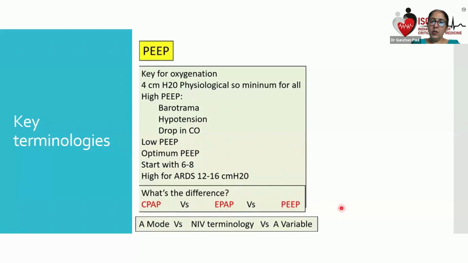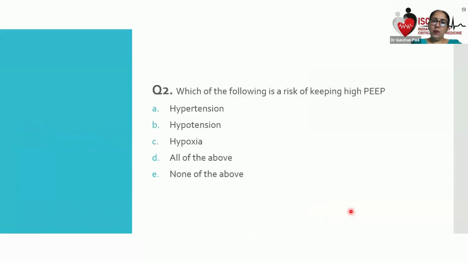So these are all terms used for positive pressure during expiration. CPAP is a mode, which we'll be talking about in our next slides. EPAP is the term used for NIV, and when we are giving it with an endotracheal tube in invasive ventilation, we call it PEEP. So another question: which of the following is a risk of keeping high PEEP?